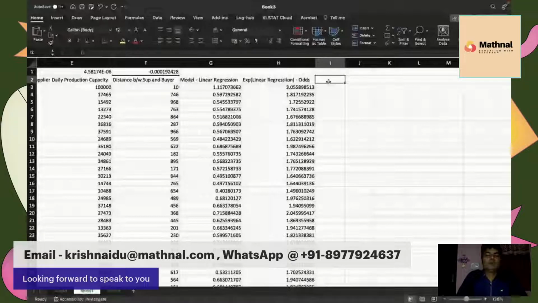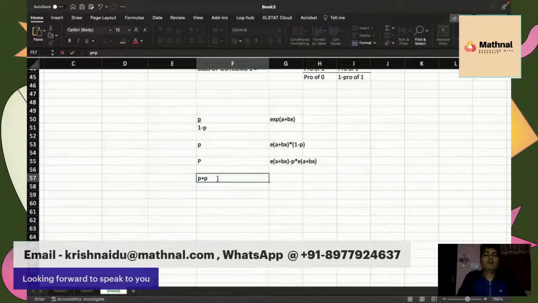We get p plus p into e to the a plus bx is equal to e to the power a plus bx.